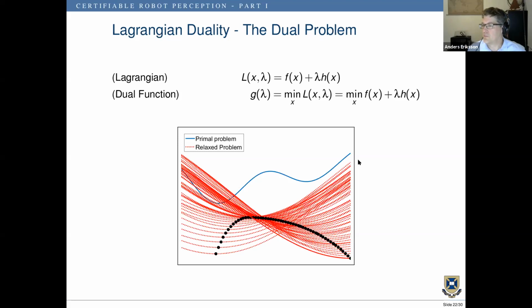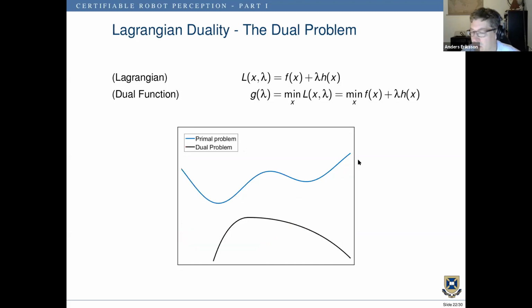Yes, and that leads to sort of the following image, I suppose. Where we have a Lagrangian, we have a dual function, and we try different values of lambda and solve those functions, and the situation looks something like this.